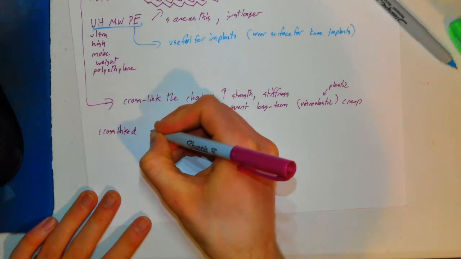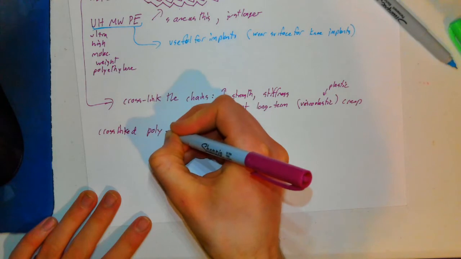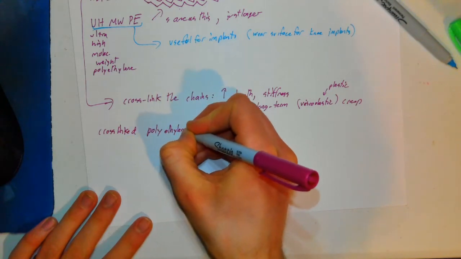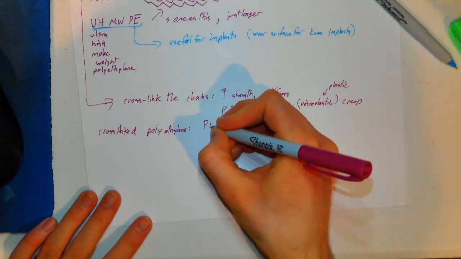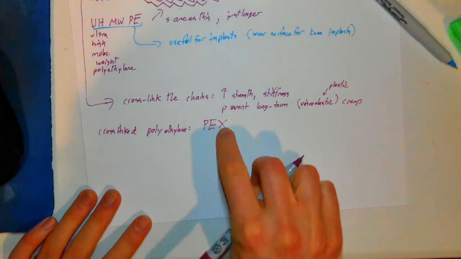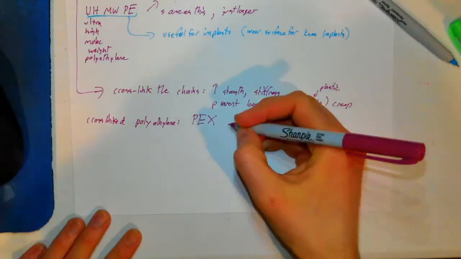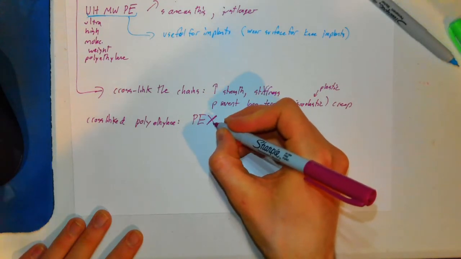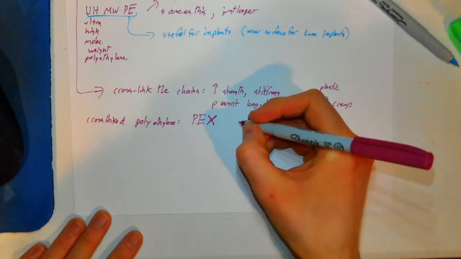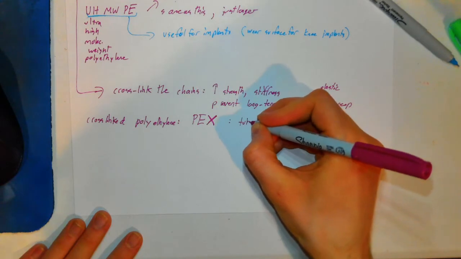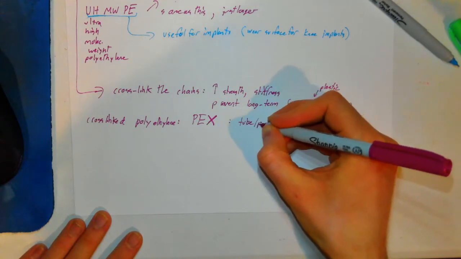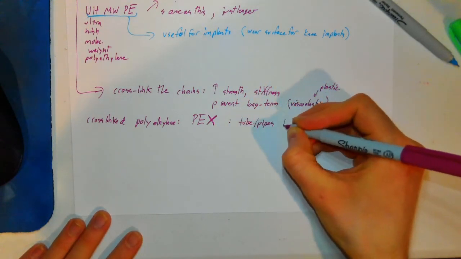So cross-linked polyethylene has a special name. It's called PEX, where the X stands for cross-linked and the PE is polyethylene. And you might have experienced PEX in tubing or pipes for your house.